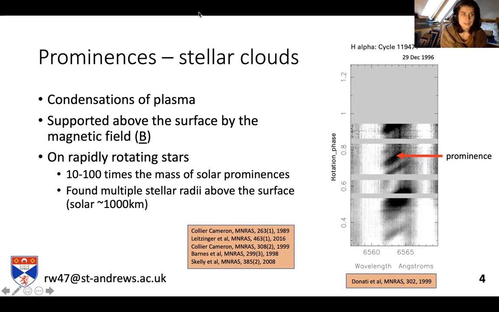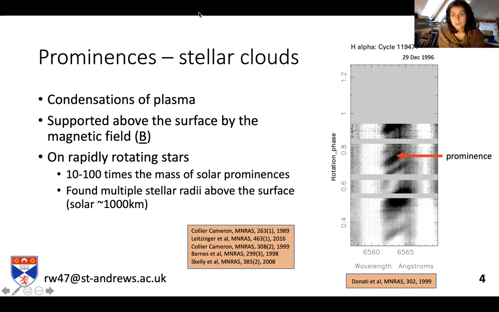And they're observed in H-alpha spectra. So here's an example of that on the right-hand side from the star AB Doradus. The y-axis is rotation phase of the star, which is essentially time, and the x-axis is wavelength. So because the star is rotating, the H-alpha line gets broadened by the Doppler effect.